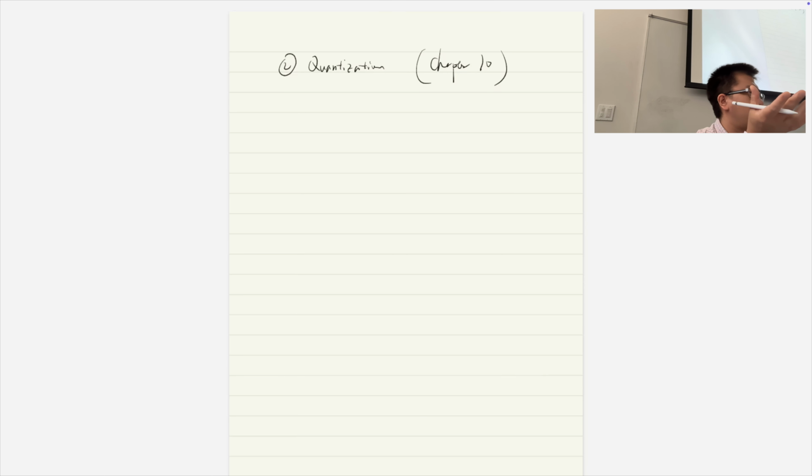So basically, let's say we have a real number x, and then we're going to map this number to some numbers. First of all, we consider scalar quantization. Scalar quantization basically means that we only want to quantize one number, so it has to be from continuous to discrete.